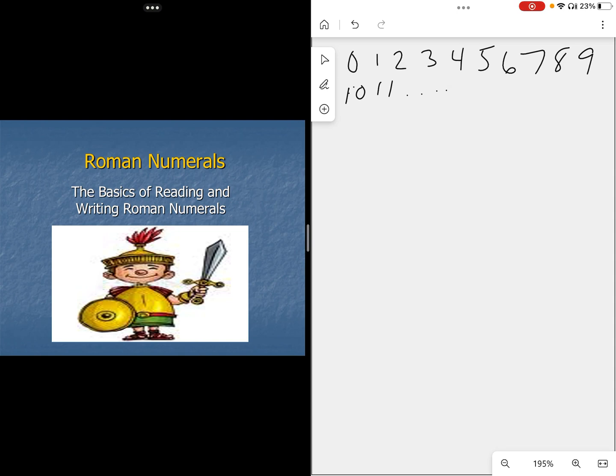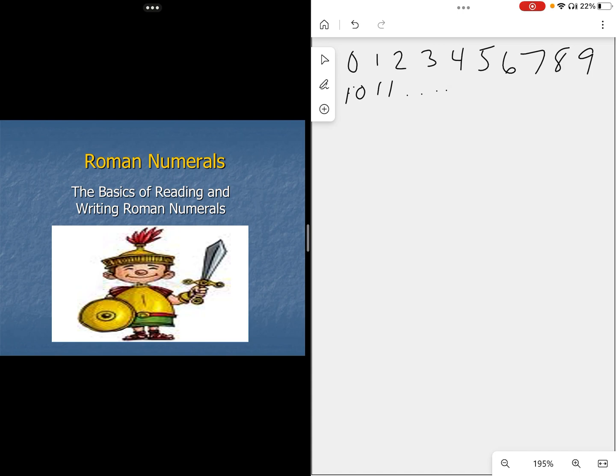Now, I do want to point this out. The Romans themselves actually had two systems. They had long form and short form Roman numerals. They would use long form for mathematics, and they would use short form for stonework. However, by the time we get to about the year 1000, that's about 500 years after the fall of the Roman Empire, the use of long form Roman numerals kind of fell out of vogue.